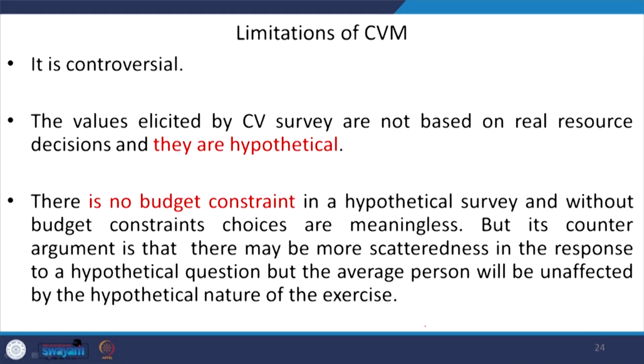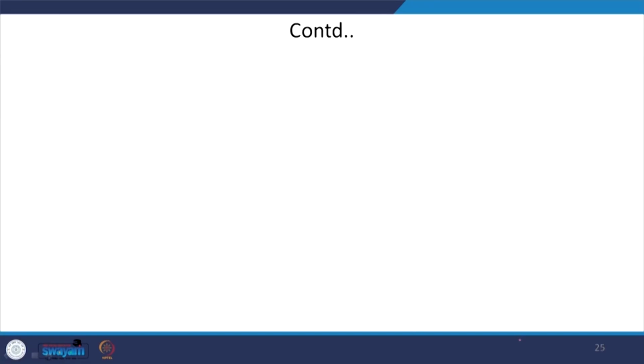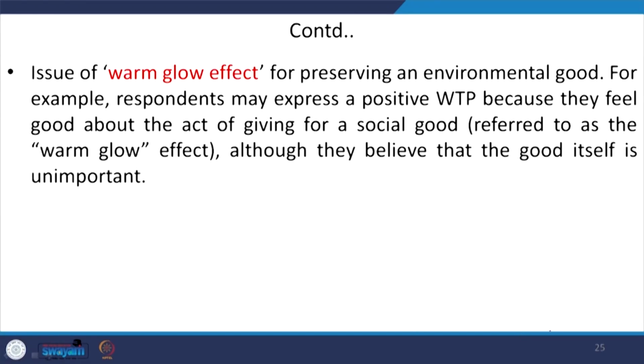Another limitation of the contingent valuation method is that there is no budget constraint here, because the survey itself is very hypothetical. Without these budget constraints, whatever choices we find from the respondents are meaningless. Moreover, we can also suffer from the warm glow effect while conducting this CV survey.